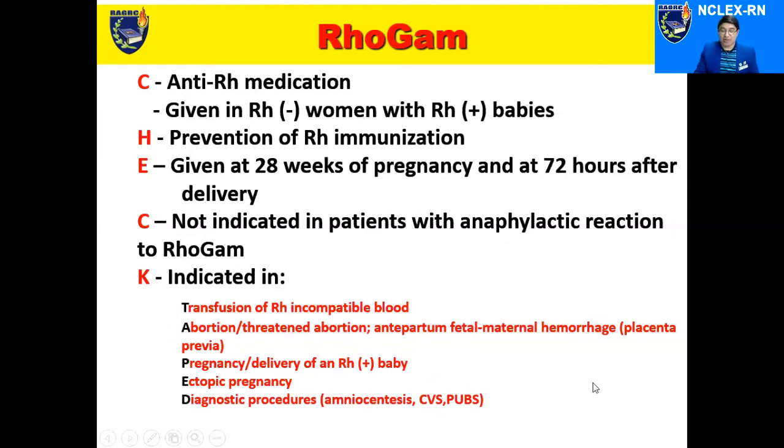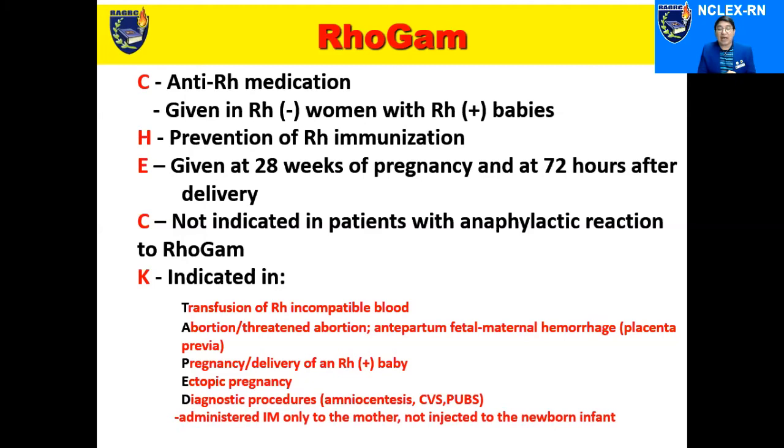Okay, having said that, you also have to remember that your Rhogam is administered IM only to the mother. It is not injected to the newborn infant. It's not for the baby, it's for the mother, because what is now being prevented is the development of Rh incompatibility for the next pregnancy.